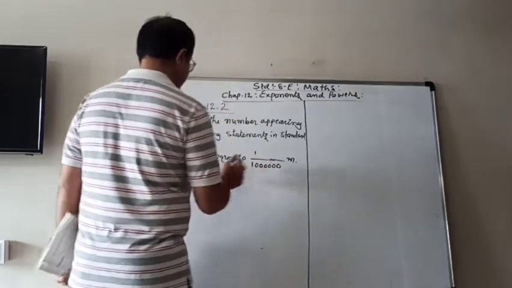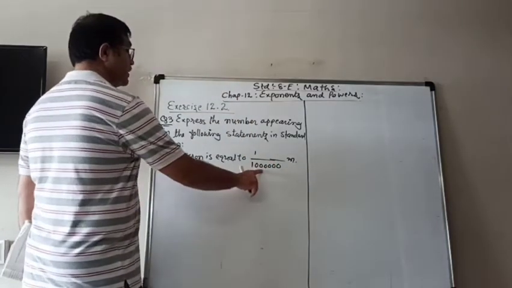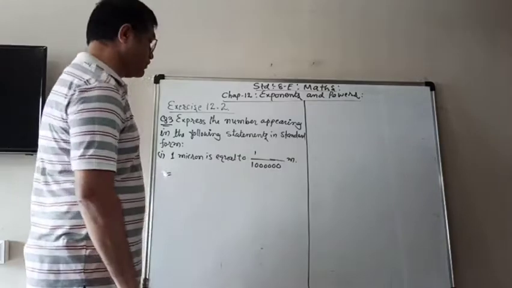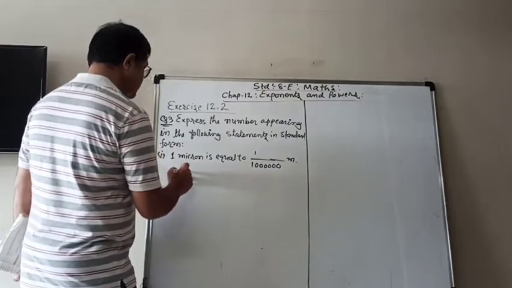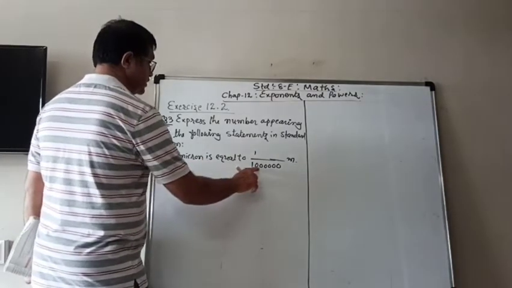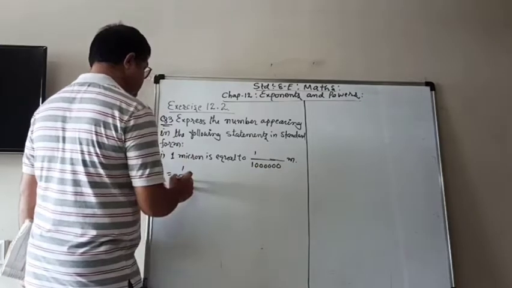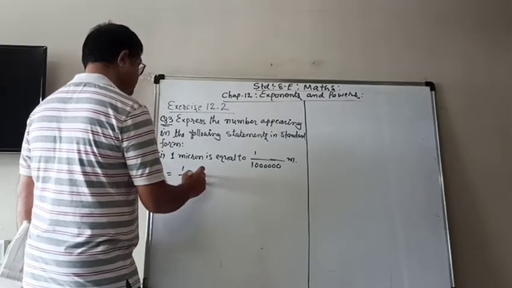So now that one we have to write down in the standard form. So that is equal to 1 upon 1, 2, 3, 4, 5, 6, it means 10 raised to 6 meter.